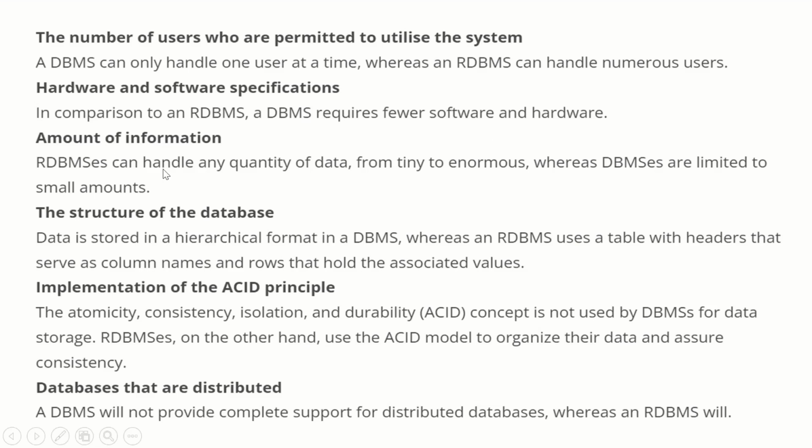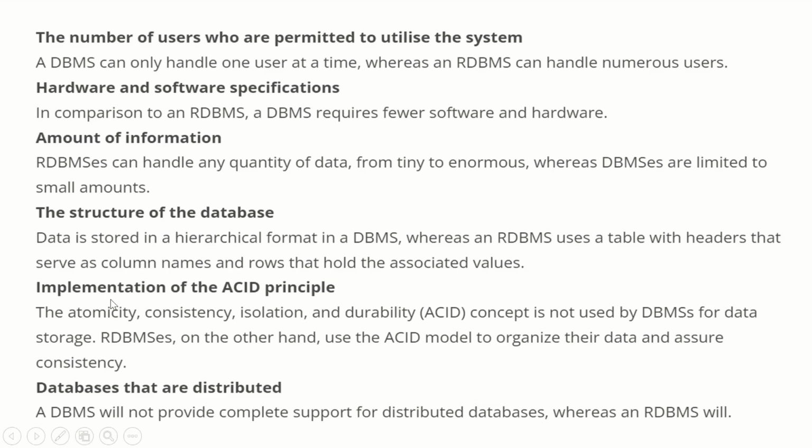Amount of information: RDBMSs can handle any quantity of data from tiny to enormous, whereas DBMSs are limited to small amounts. The structure of the database: data is stored in a hierarchical format in a DBMS, whereas an RDBMS uses a table with headers that serve as column names and rows that hold associated values.